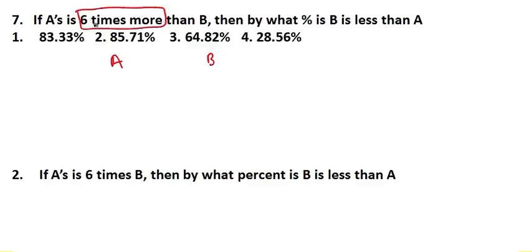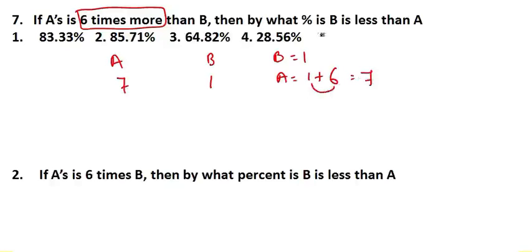Here a lot of people make mistakes. A is 6 times more than B. Suppose B is 1, then A is 6 times more, meaning A is 7.